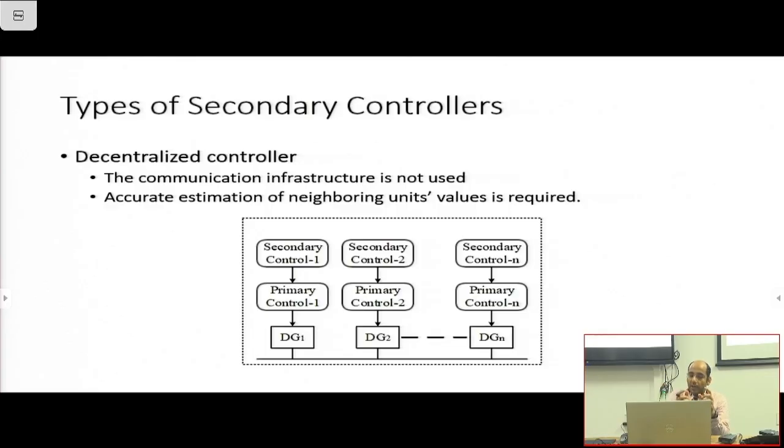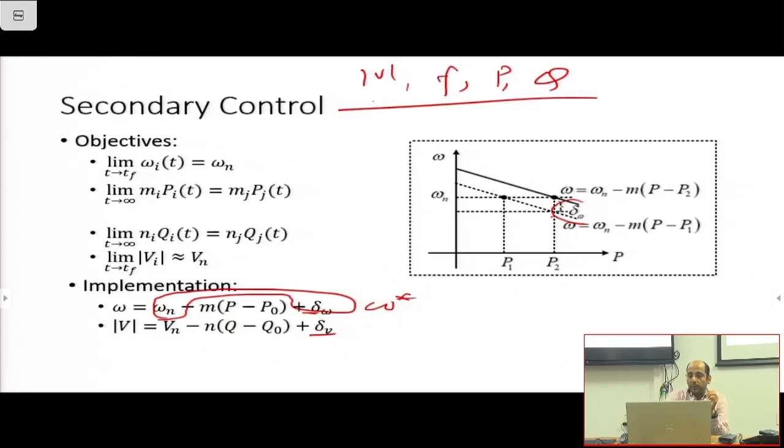The thing is, if they have their own primary and secondary control, they have to get this variable delta omega on their own, without knowing others' information, and that is the challenge. If there is even a minute difference in delta omega, then at that point the power sharing will be lost.